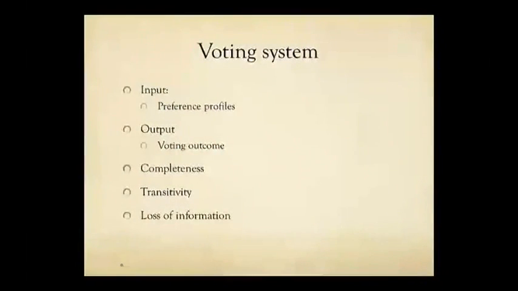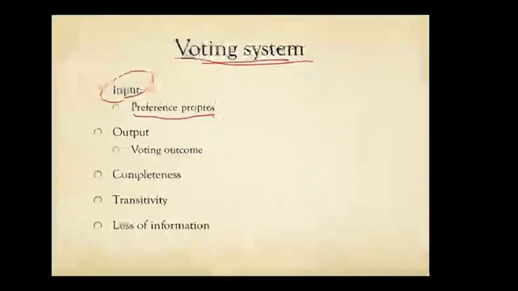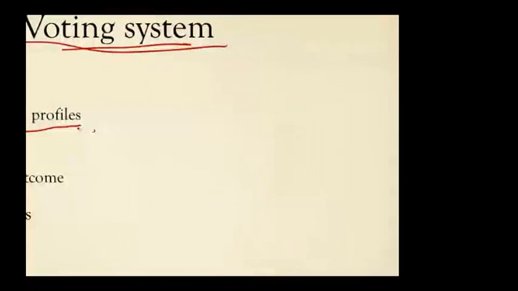But first, let's start with something very intuitive, something that we must have all encountered. It's a simple, basic voting system. There are a lot of variants that one can imagine, but this is a very good starting point, where we have the following input to the system. It is a collection of voting inputs called preference profiles for each voter.